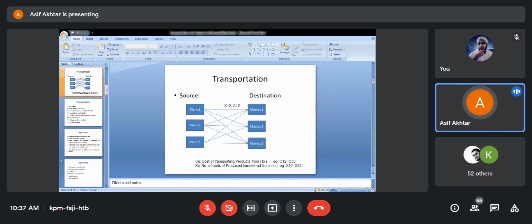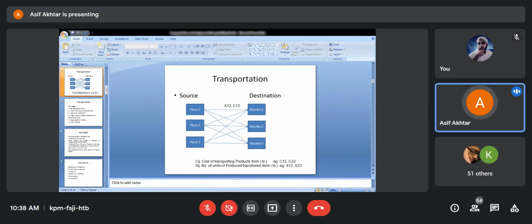Stage number 1 is formulation, and stage number 2 is solution. These 2 stages are in sequence. First you formulate and then you solve. Nobody can first solve and then formulate. So it's a step-by-step process.